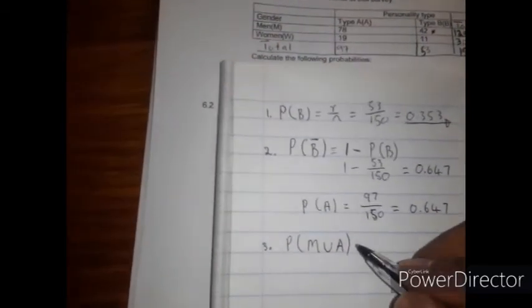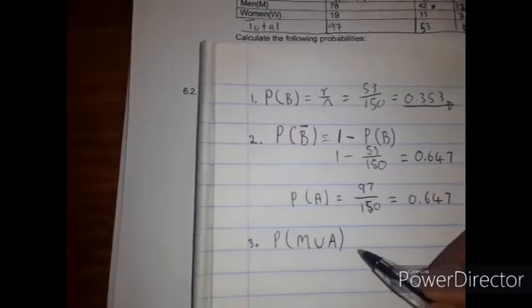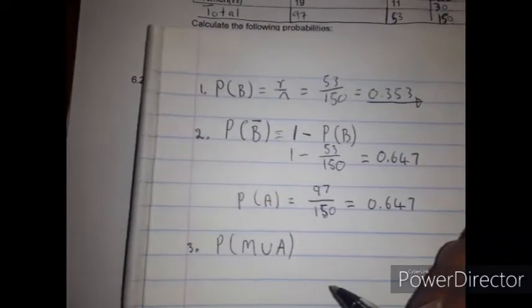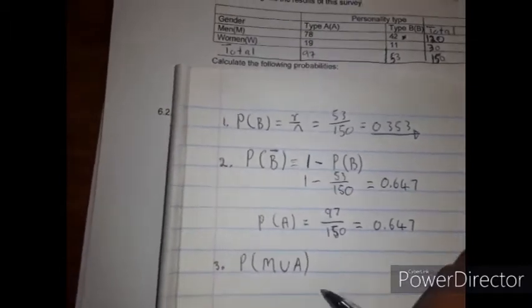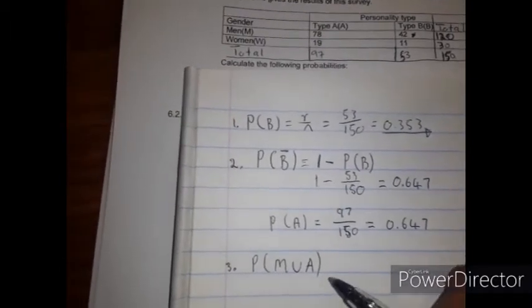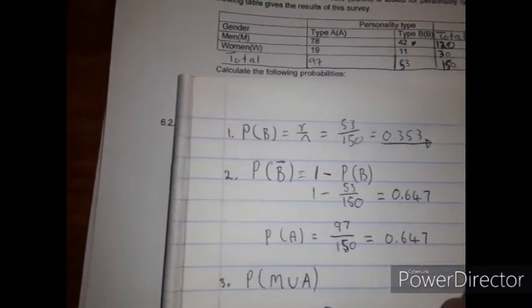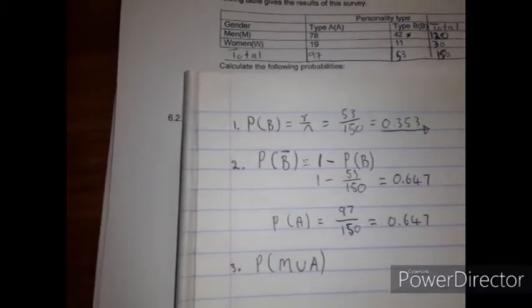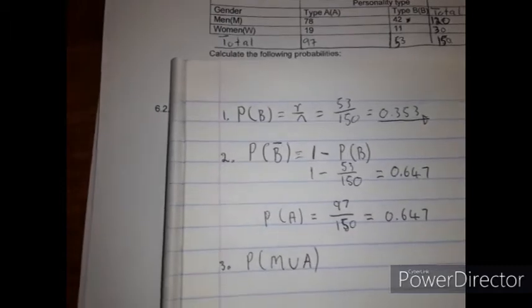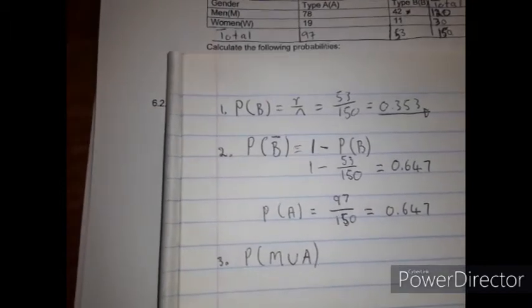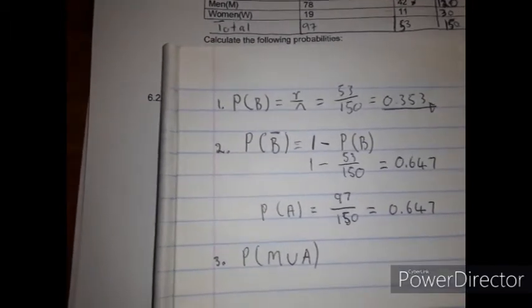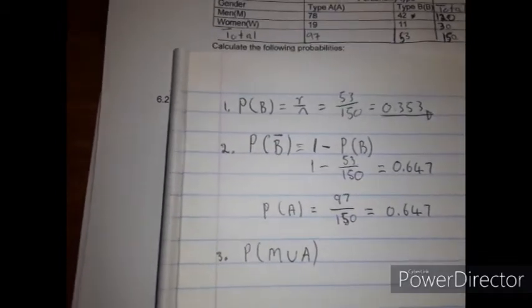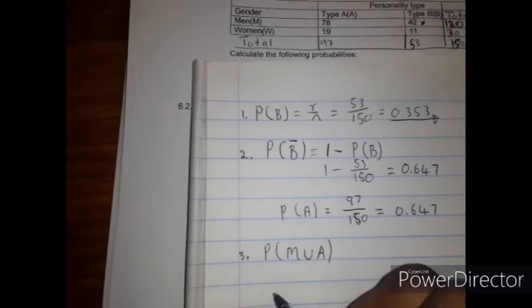Before you calculate the union of events, you determine if the events are mutually exclusive or not mutually exclusive. Mutually exclusive means the events cannot occur at the same time, or there is no intersection.